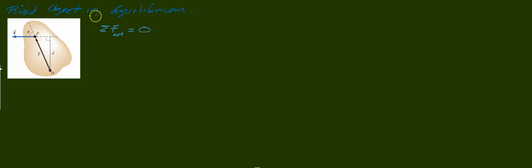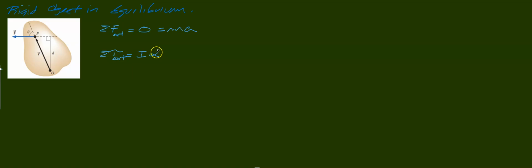But if we want this thing in equilibrium, then we have to make sure there is no translational acceleration, and we also need to make sure there is no angular acceleration. We want the translational acceleration to be zero, so we need no net external force.